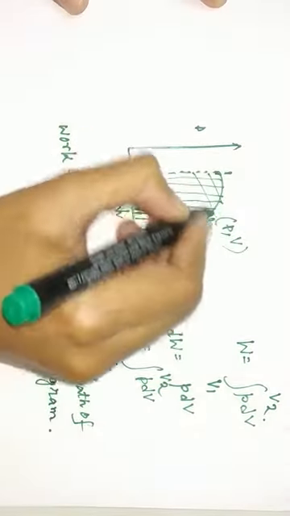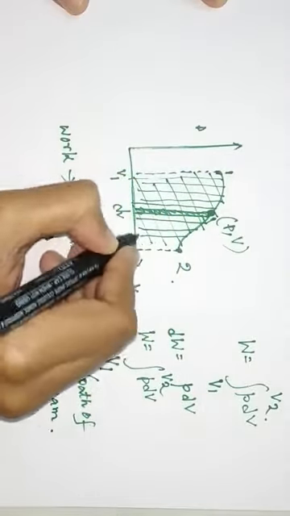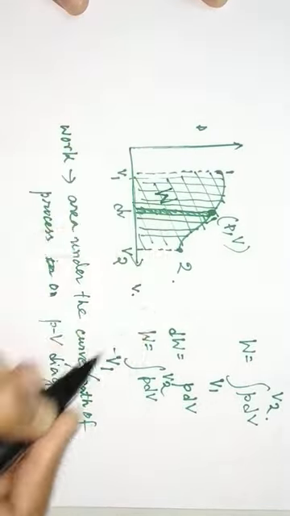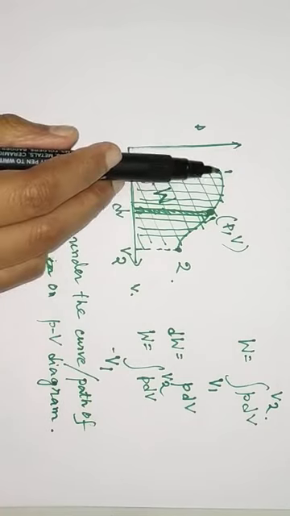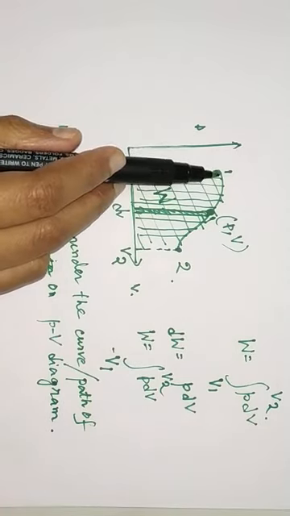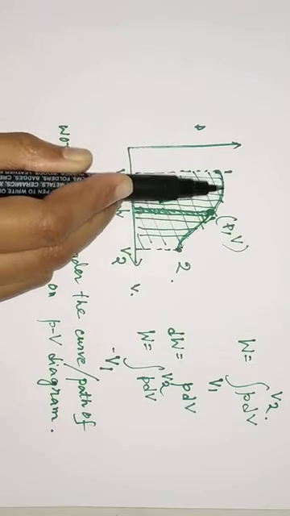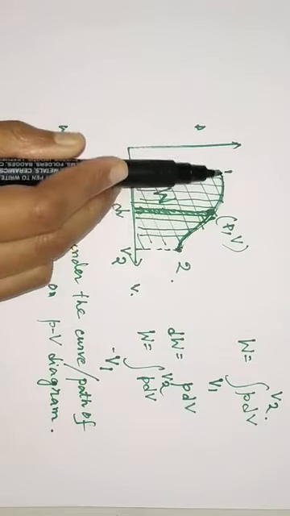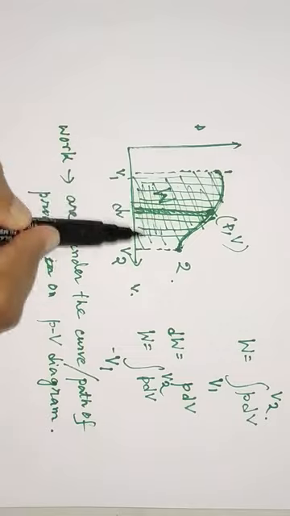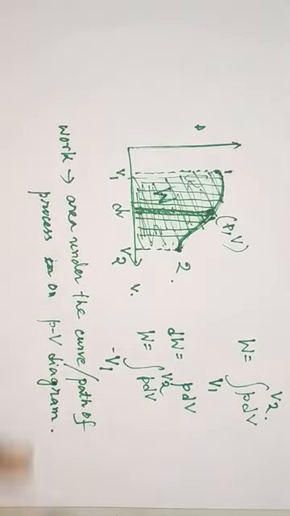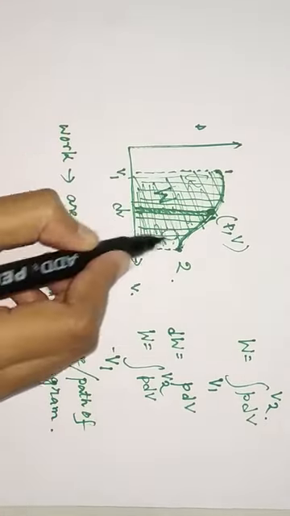So this is equal to the work done by the system. If a system undergoes a process like this, and this is the path of the process, then the area under that process path will be equal to the work done by the system or on the system in that process.